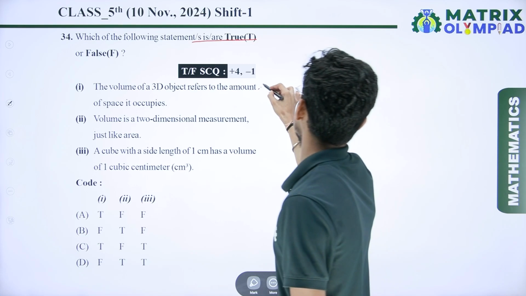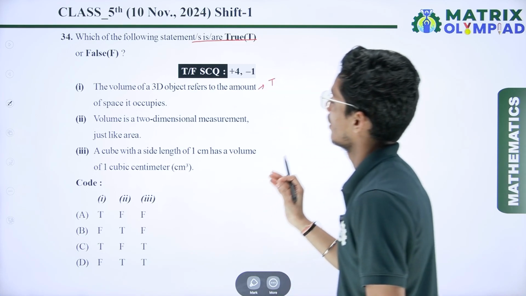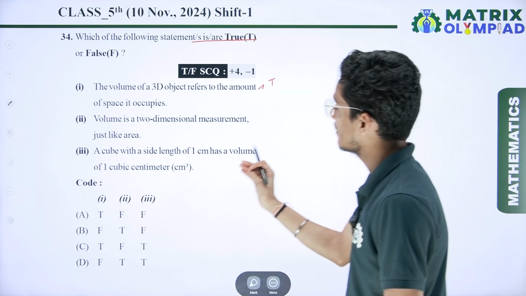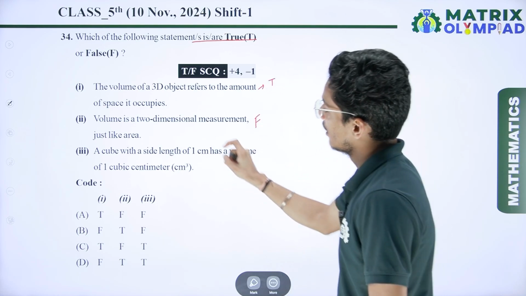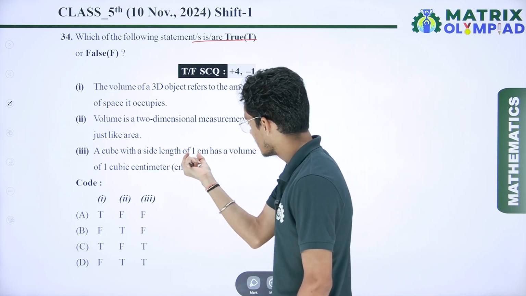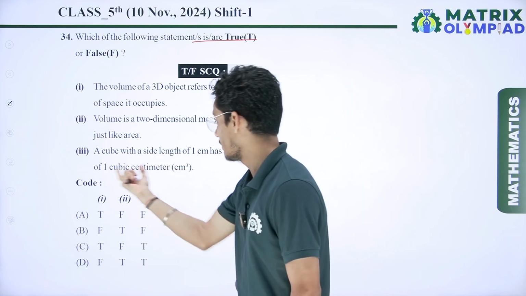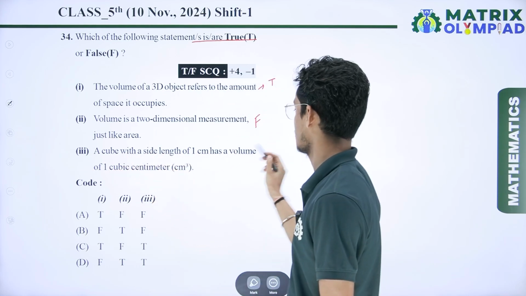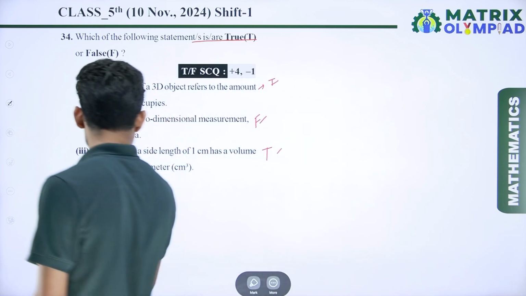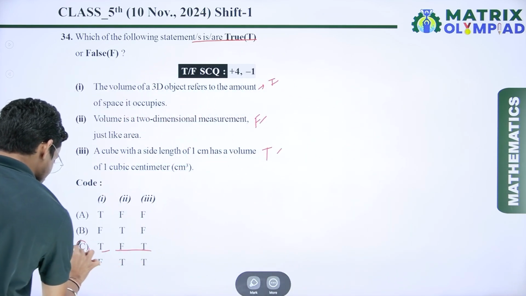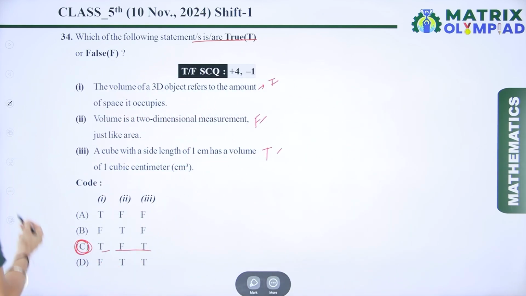So I can say that this statement is completely true. The volume is a two-dimensional measurement just like area. No, this one is false. If I talk about the third one, a cube with side length 1 centimeter has a volume of 1 cubic centimeter. So I can say this one is true. So true, false, true. So I can say here option number C is the correct answer.